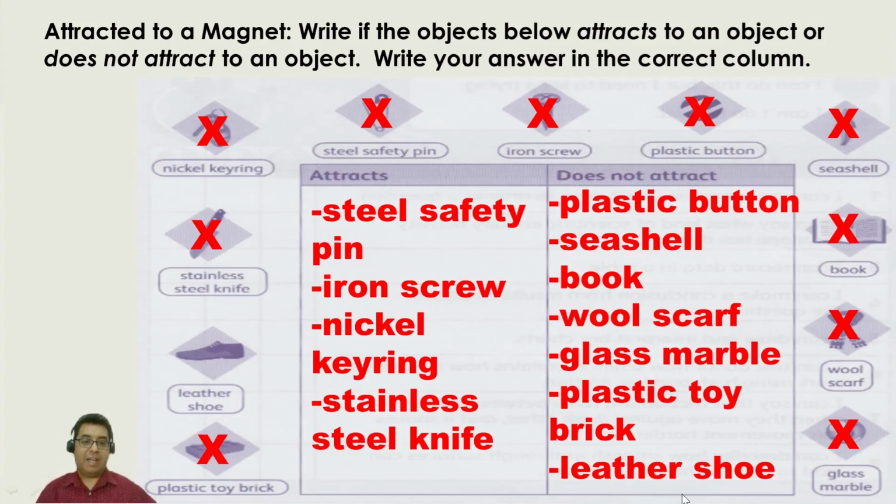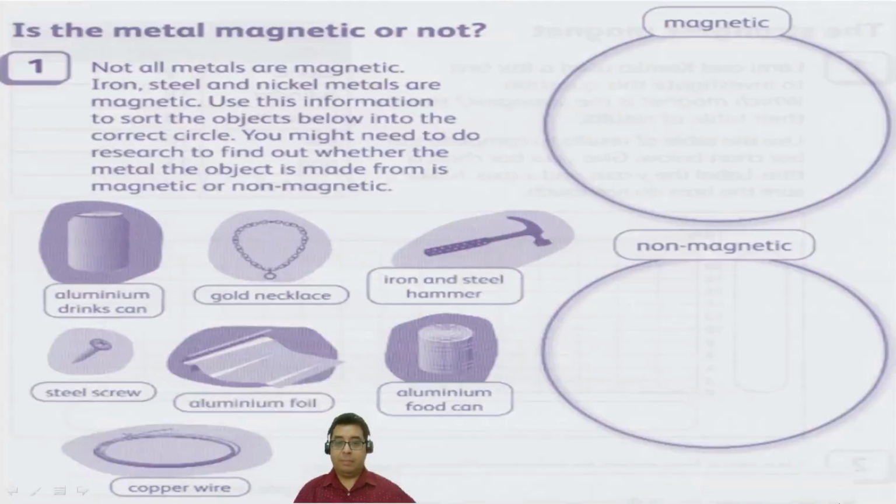Now, these are just the items I've listed here that would attract or would not attract to a magnet. Now again, let's put these articles here in the correct category of what's magnetic and non-magnetic.